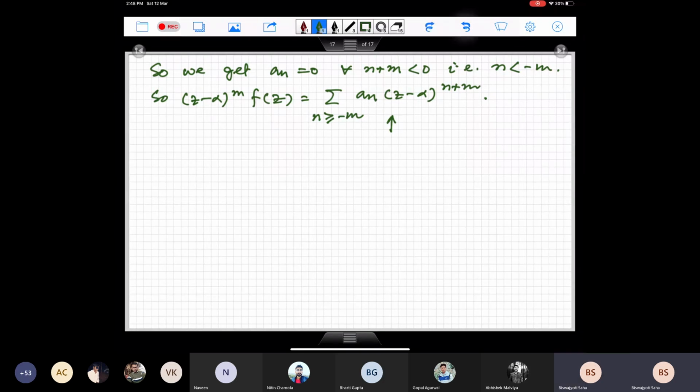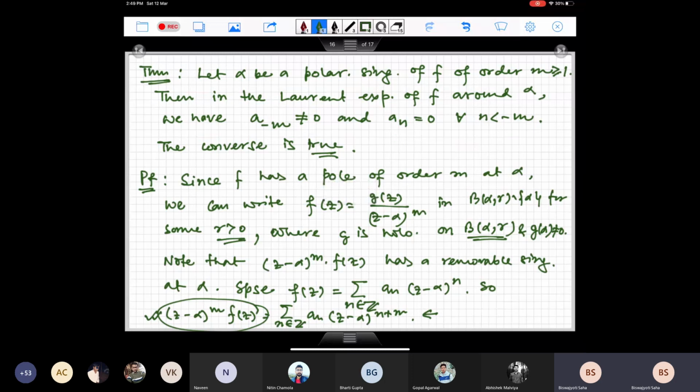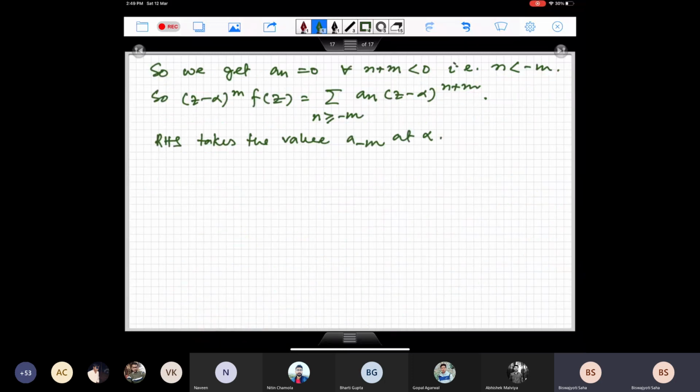So the right hand side takes the value a_(minus m) at alpha, which is supposed to be, of course, the same as g of alpha. Because the right hand side is a power series, so it is a holomorphic function, and this matches with (z minus alpha) power m times f of z, which matches with g, and g is a holomorphic function.